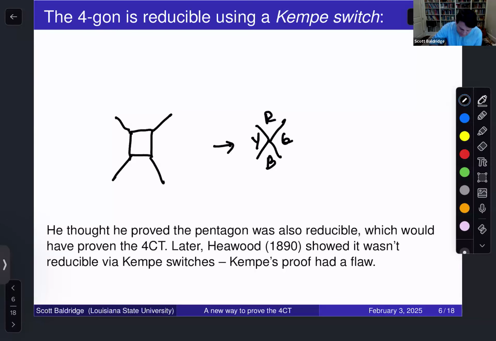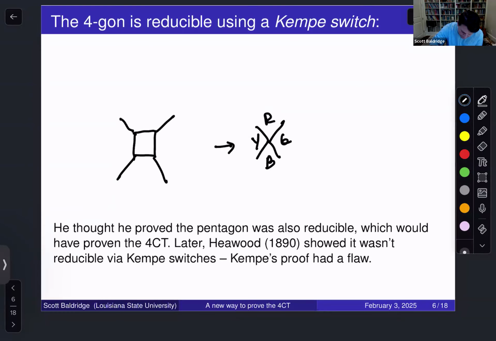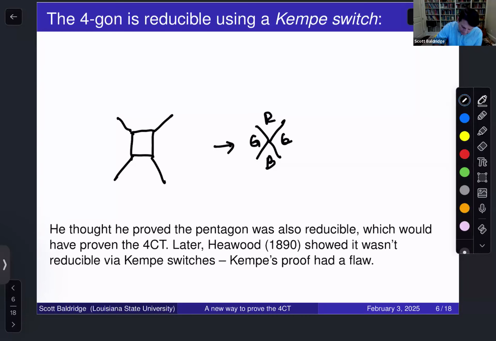And if it's green, no problem, because then you can just put yellow in the middle. So no issue there.